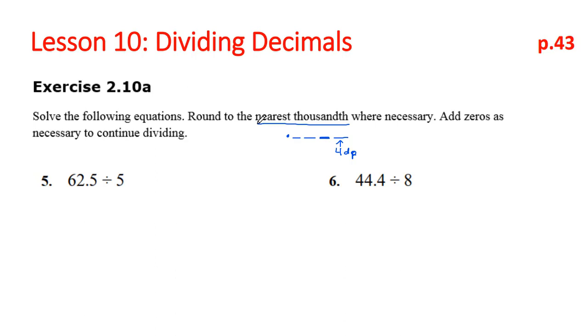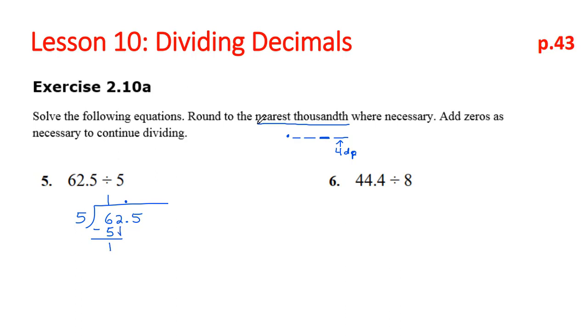Let's see what happens when we divide 62.5 divided by 5. 5 is our divisor. 62.5 is our dividend. We line our decimal up in our quotient and we begin to long divide. 5 goes into 6 once. 1 times 5 is 5, and we subtract 6 minus 5 is equal to 1.